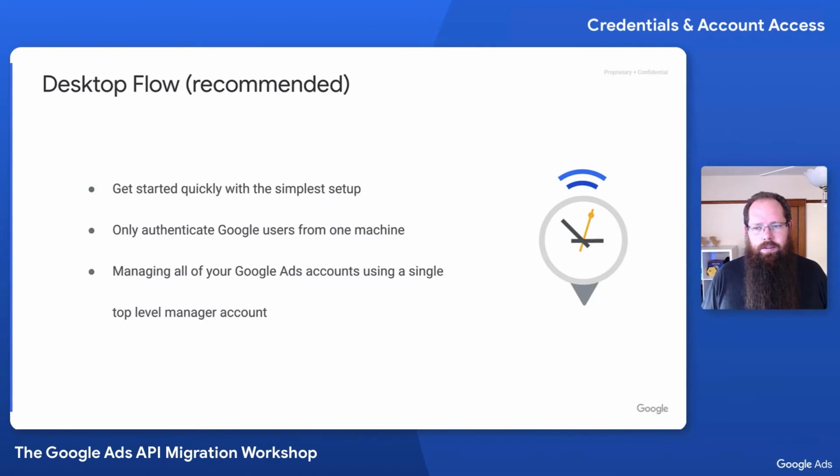This is easier and recommended if you are using a smaller number of Google accounts on a single machine. For example, if you have a single Google account that is associated with a Google Ads Manager account and manages a number of sub-client accounts, then this is a great approach to managing that authentication simply.